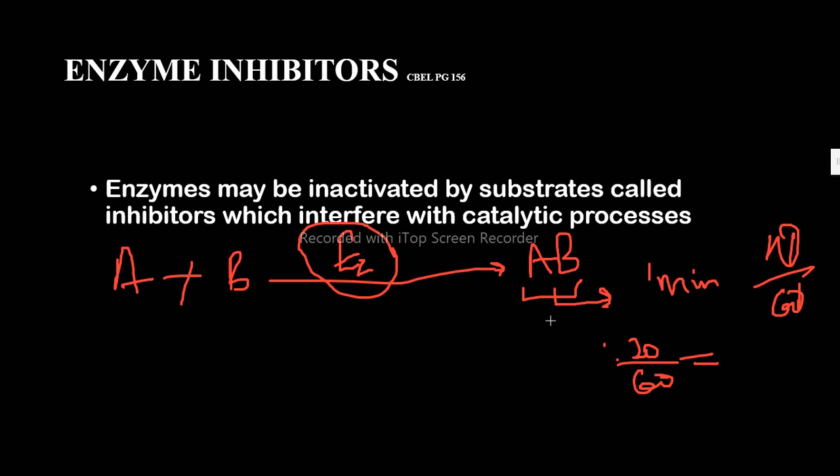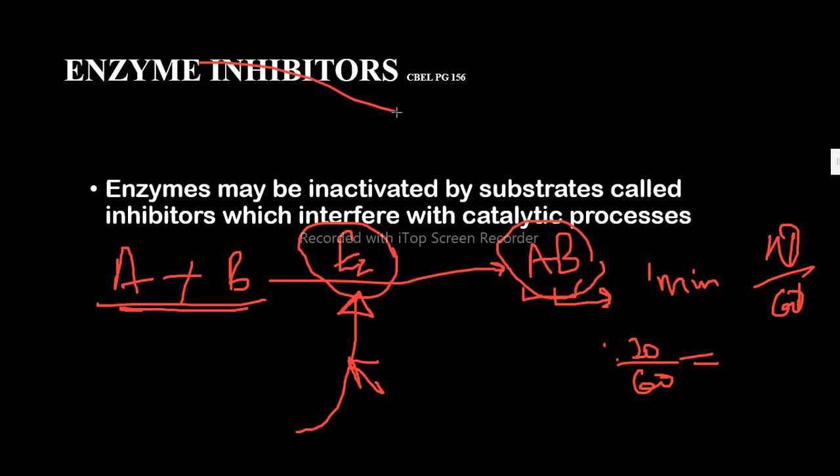Now, when I get my enzyme controlled reaction such as this, and then I add certain substance in my reaction vessel, and that substance I've added reduces the number of AB molecules that are formed per minute, then that substance is referred to as an inhibitor.